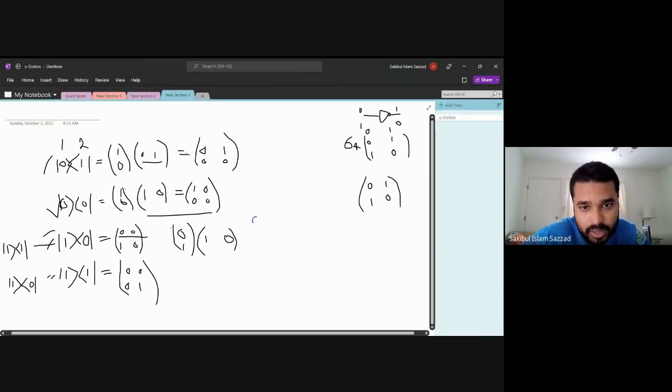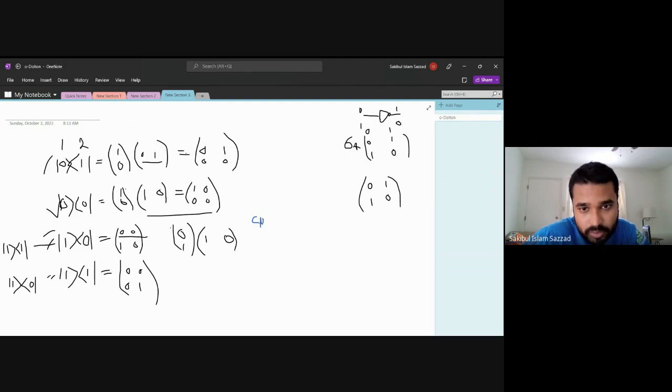So I will write the matrix for the CNOT gate actually. Okay, so the matrix for the CNOT gate. The input should be 00, this is input 01, this is input 10, and this is 11.